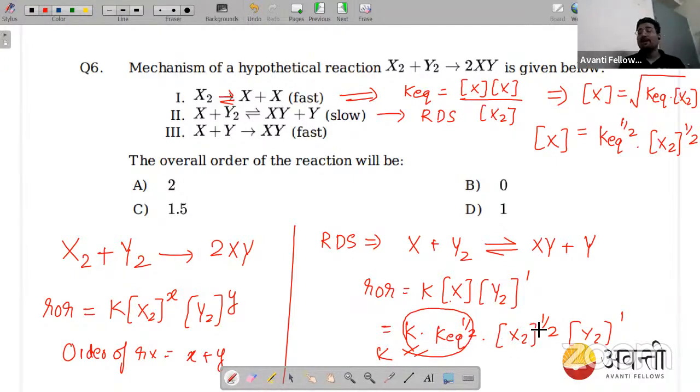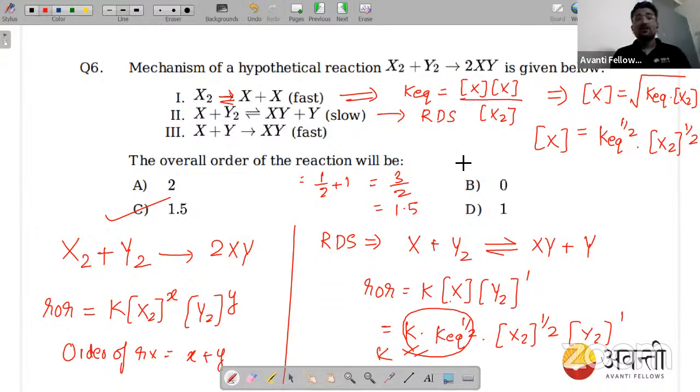So we will get X2 to the power half, Y2 to the power 1. That means x equal to half, y equal to 1. That means the order of reaction will be half plus 1, that is 3/2, that means it is 1.5. So our answer will be option C. The order of the above reaction is 1.5.